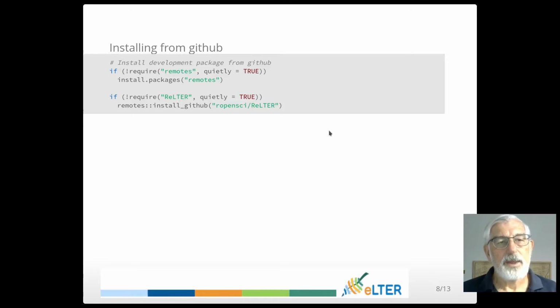For GitHub and other Git repositories, we begin with the remotes package. You need to have installed on your computer remotes, and then it's a call to remotes install GitHub with the name of the repository and the name of the package, like so. So this is how you will install ReLTER in future.